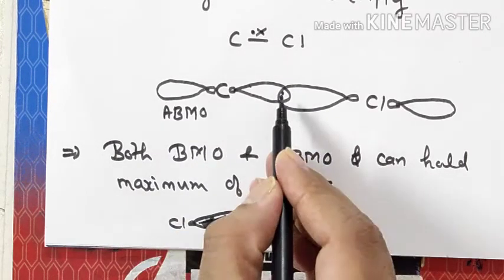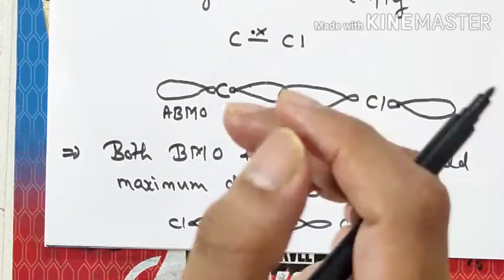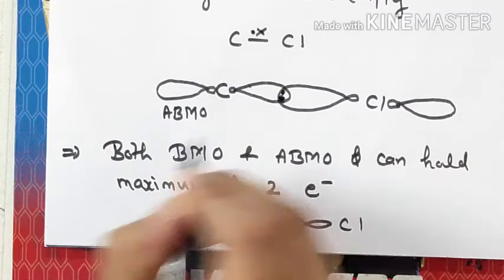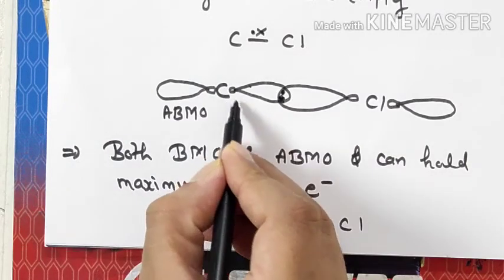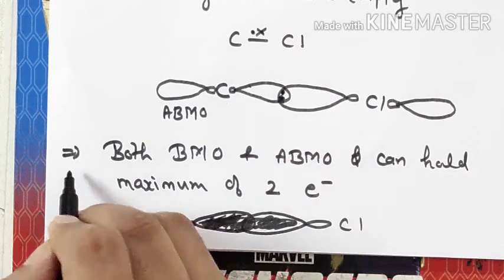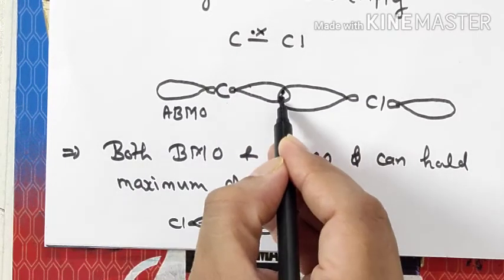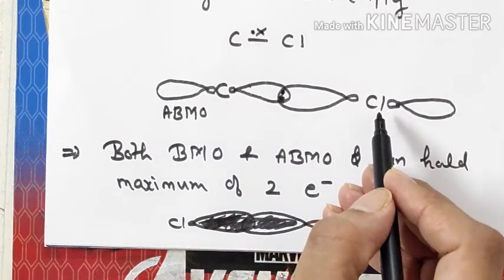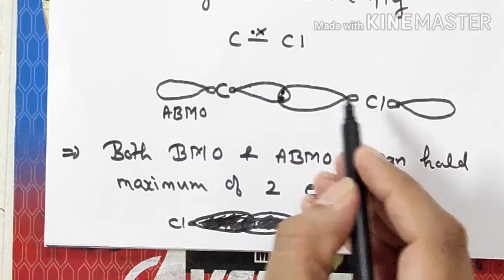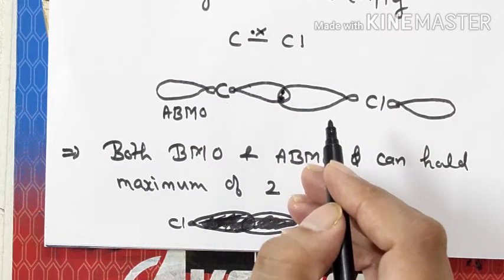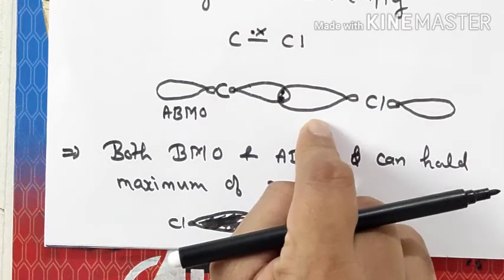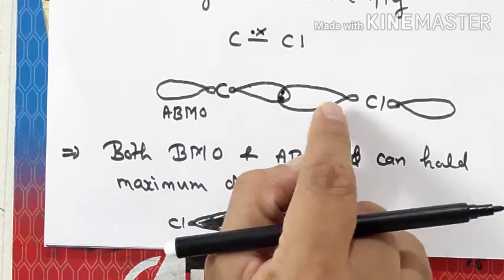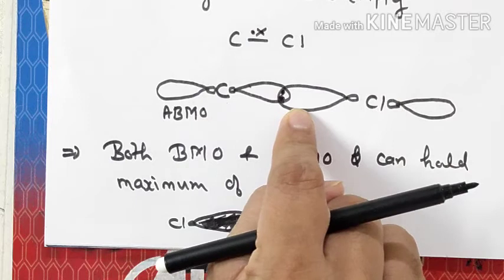Okay, if you think in terms of particles also, if I say this one electron is of carbon and this one electron of chlorine, how many electrons are present in the orbital of carbon? You will say 2, because you consider this also and this also, right? If I ask you how many electrons are present in the chlorine orbital, again you're going to say 2. But this 2 plus 2 is not going to be 4, because 2 electrons here, 2 electrons here, in total, if I ask you how many electrons, you will say 2.